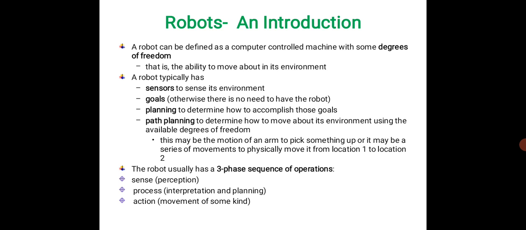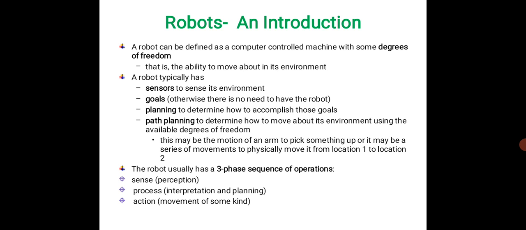Then it will have planning to determine how to accomplish those goals, and path planning to determine, in case of moving robots, how to move about its environment using the available degrees of freedom. So this may be the motion of an arm to pick something up, or it may be a series of movements where physically it will move from location 1 to location 2, say.